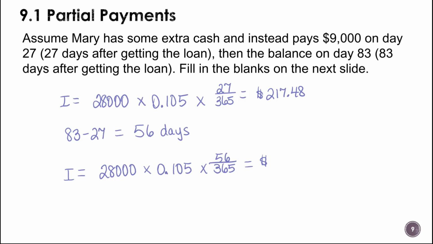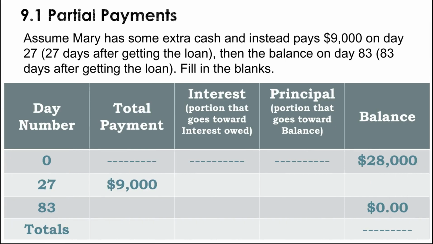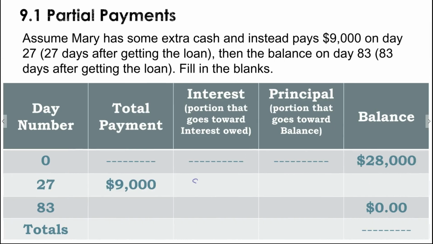Oh shoot, we've got to go to the chart. We can't use 28,000 because we haven't reduced the balance. So we have to take this and put it on the chart first. So we had to pay $217.48. We can't figure it on the same amount because we just reduced it by a $9,000 payment.